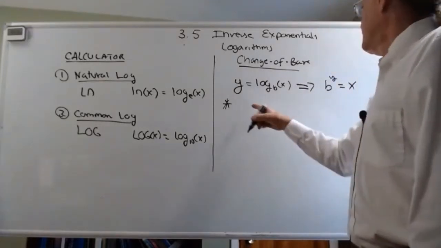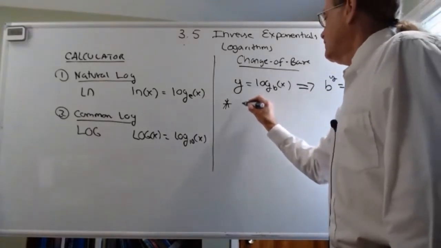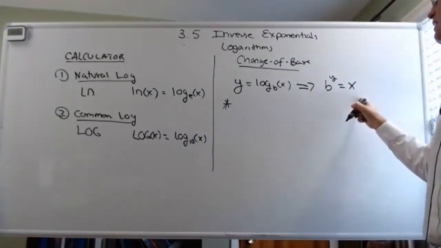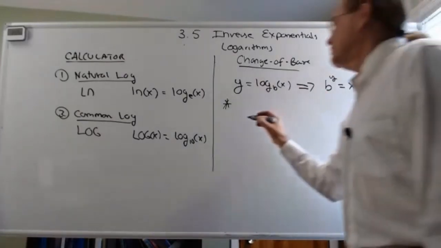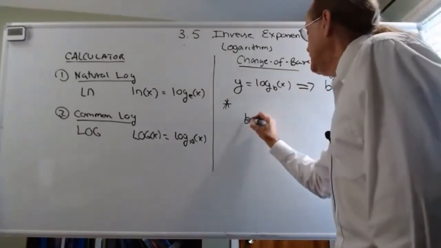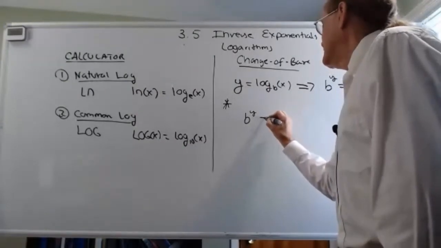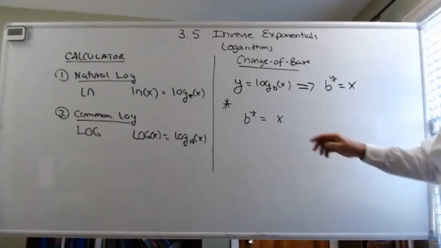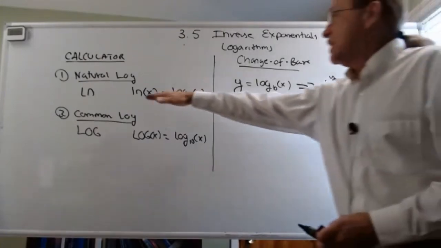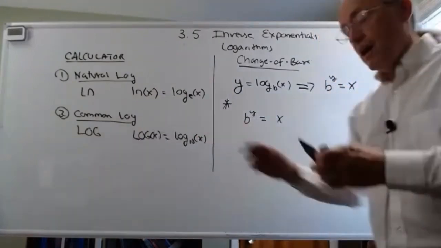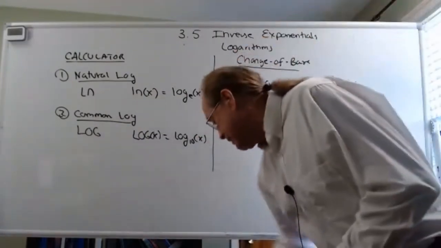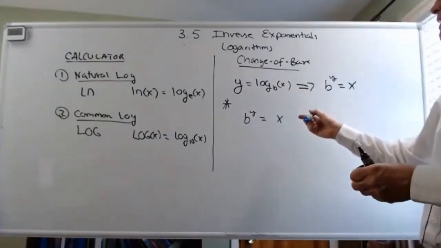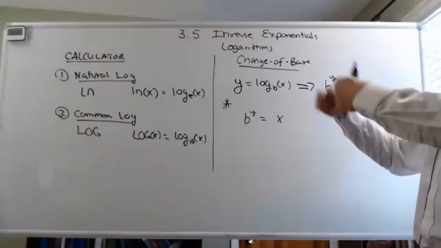We have a property of logs that if I start with b to the y is equal to x, I can take either a natural log or a common log, any other logarithm, of both sides, and I can bring the exponent down. This is something that's not been proven yet. We will prove it later on in the text, but I'm going to use it here just so you can see where it comes from. I don't want to just show you the result.